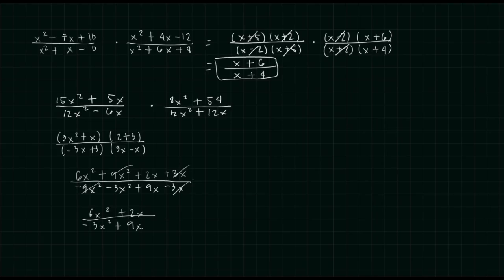Now for the second problem, we have this 8x squared plus 54 over 12x squared plus 12x. Now we can apply this one. We have 2 plus 3 times 2x squared plus 3x over negative 15 plus 3 times x squared minus x. Now we're going to do the FOIL method again.